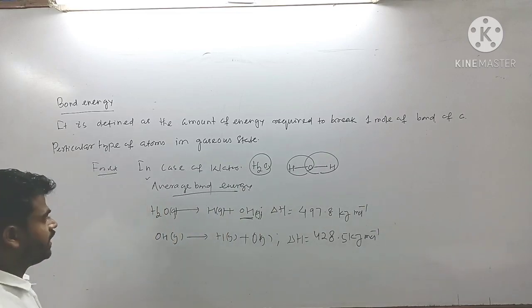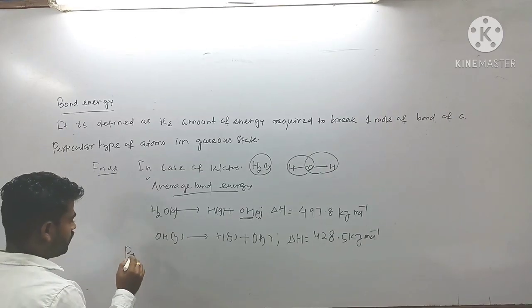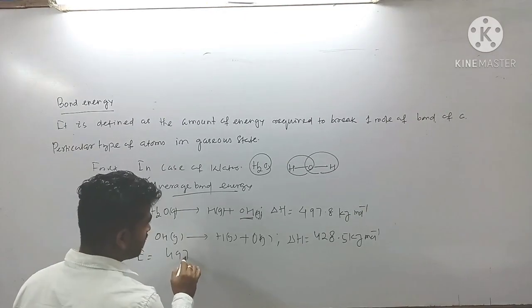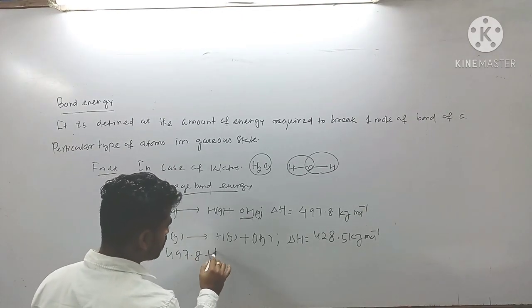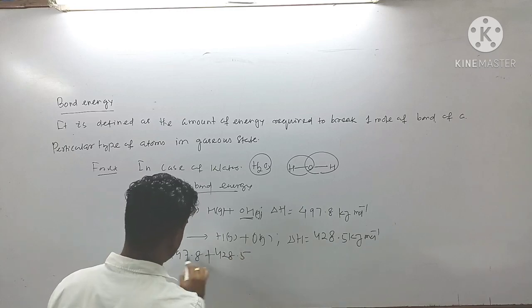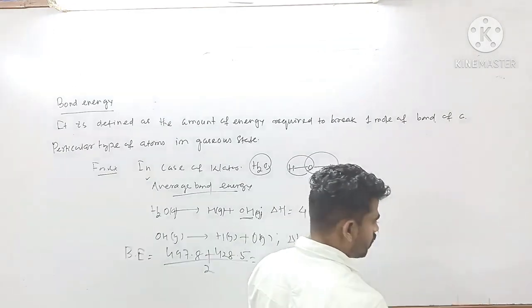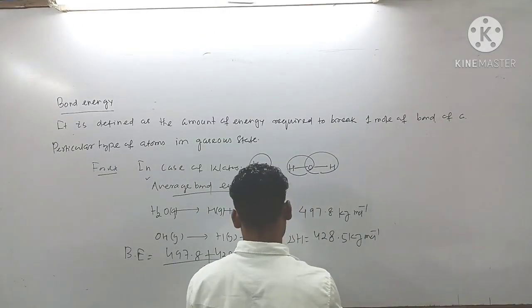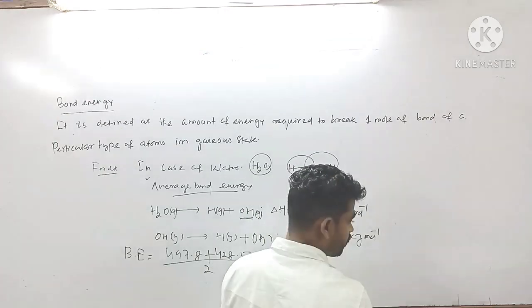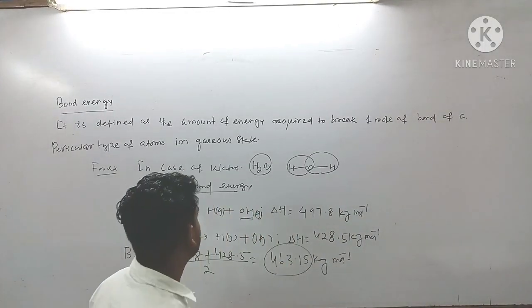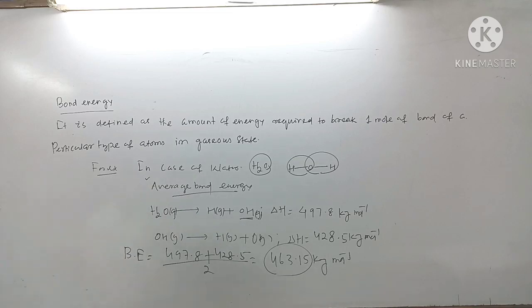So if I need to calculate the bond energy BE, that will be equal to 497.8 plus 428.5 upon 2, average I have to consider. So that will be equal to 463.15 kilojoule per mole. This is the bond dissociation energy in case of water.